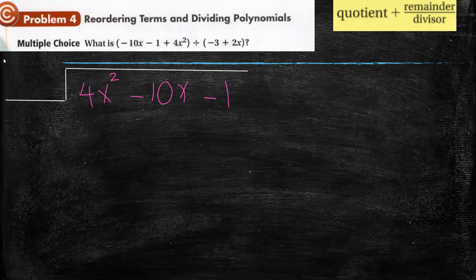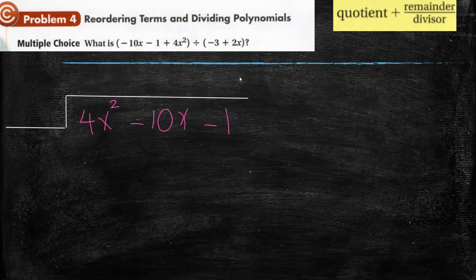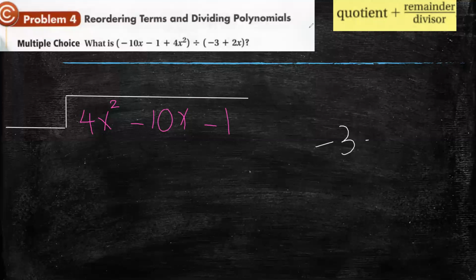But let's now see where's our divisor here. The divisor here is negative 3 plus 2x. So look at the powers here. This is a power 0 and this is to the power 1. It is not ordered. Is it written in the standard form? No, teacher. Where's the greatest power?